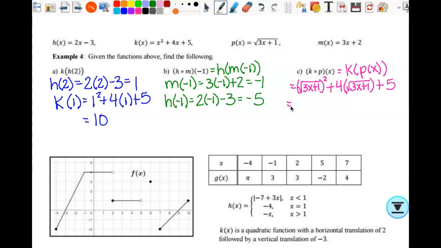We all agree with my first step. Okay. So what is the square root of 3x plus 1 squared? Beautiful. 3x plus 1.